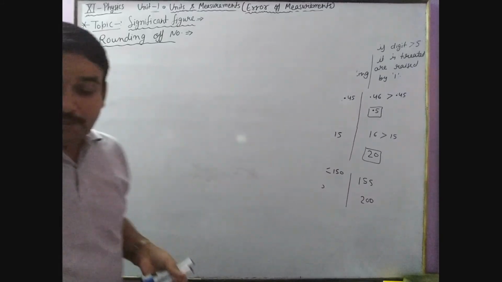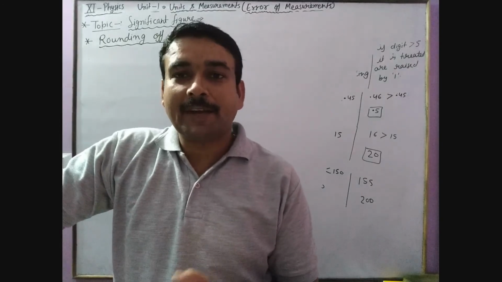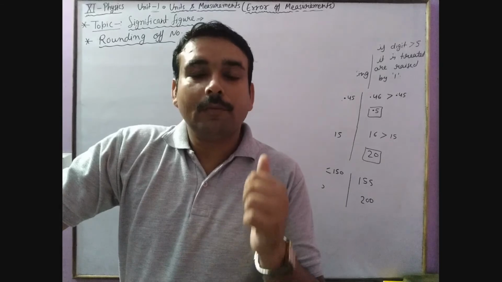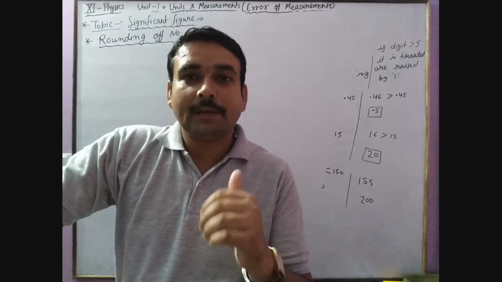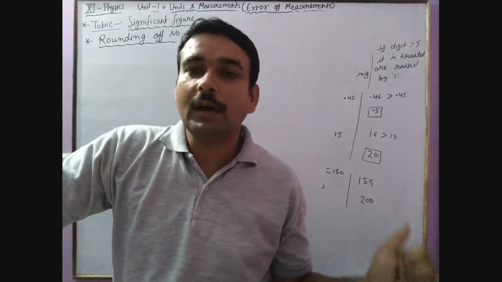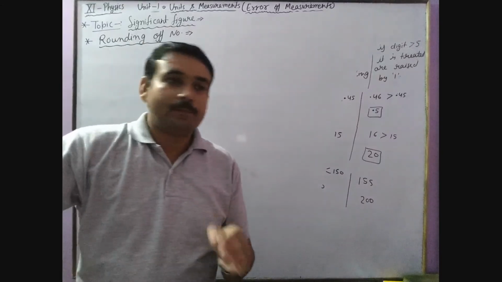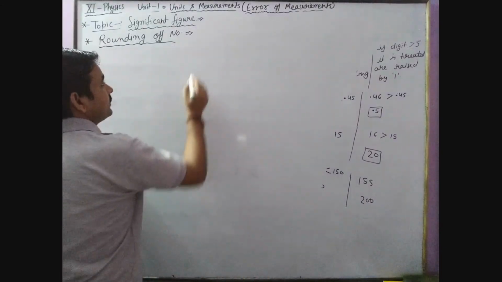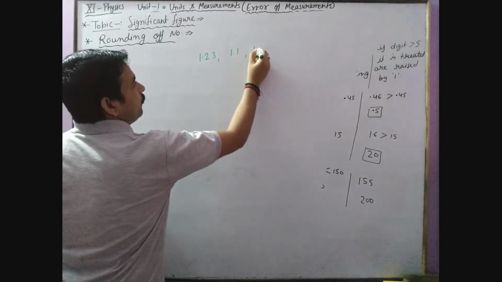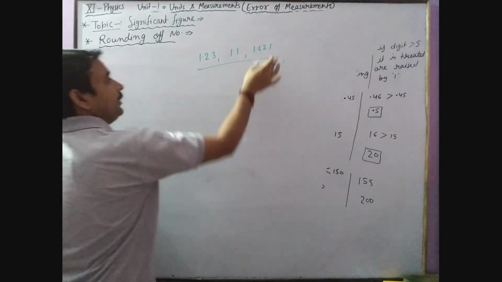Okay, simply in operations like addition, subtraction, multiplication, division, our final answer is written in the smallest significant figure in our given digits. Okay, suppose we have some digits 1.23, 1.1, 1.621, etc. Here we have the 3 digit.